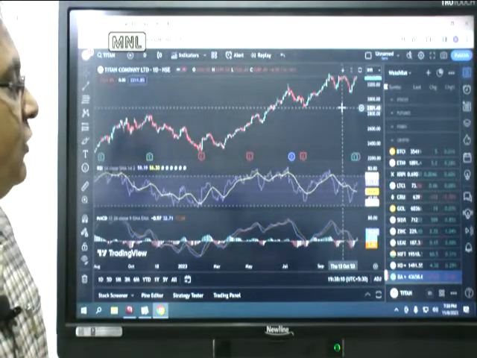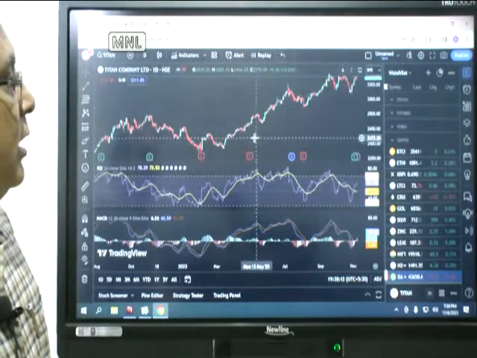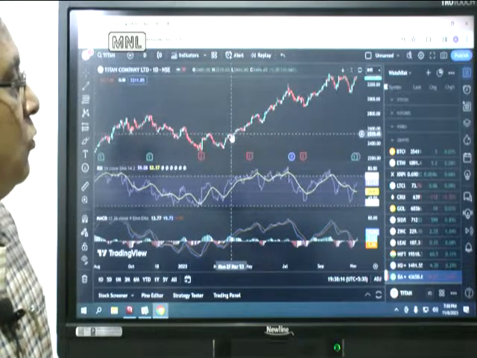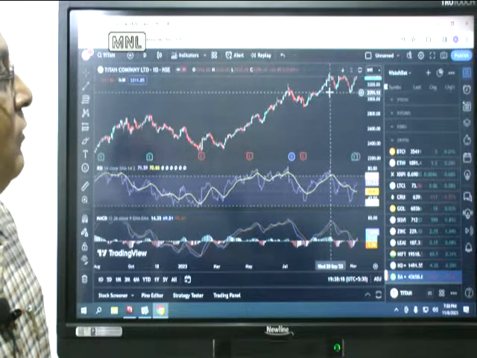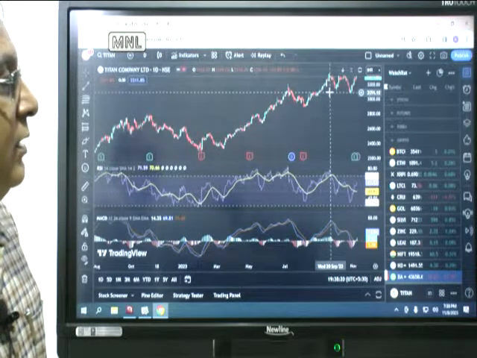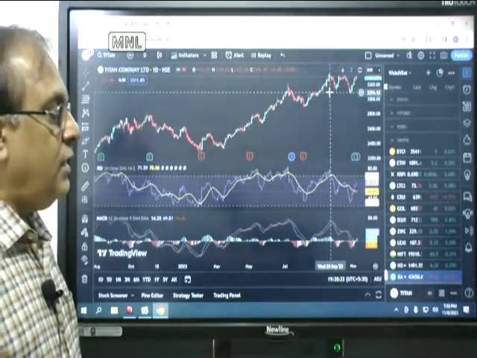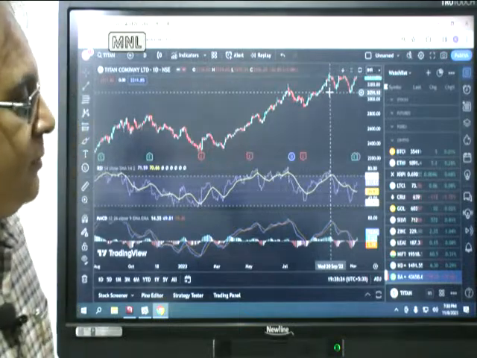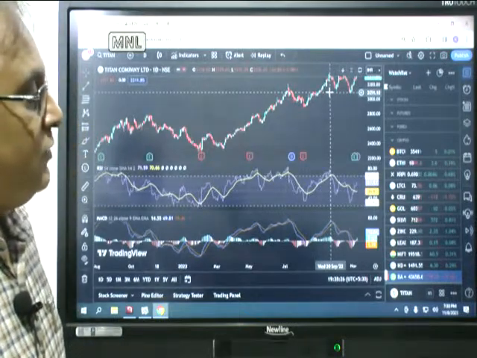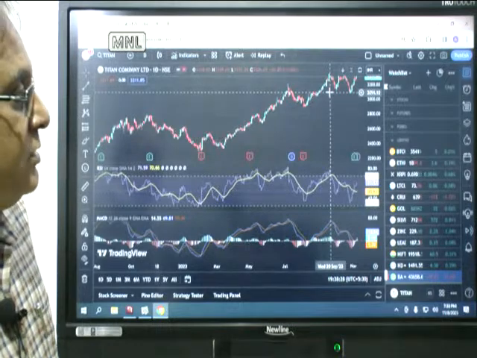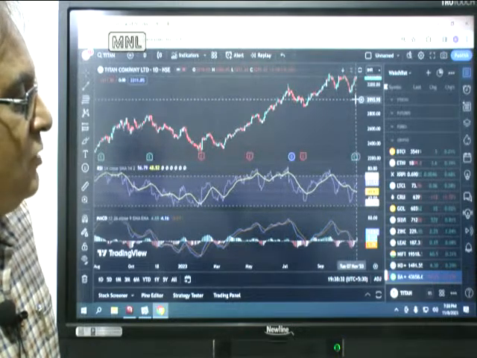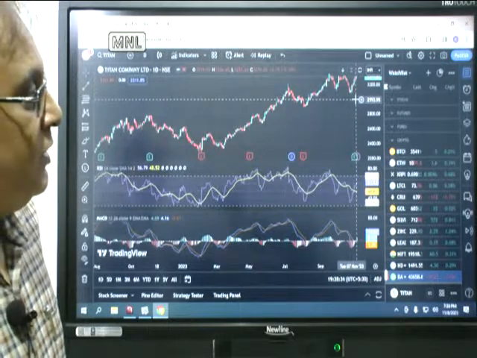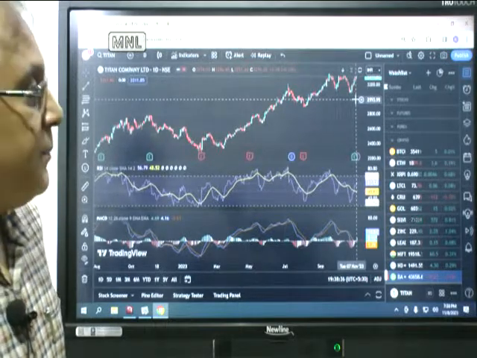This was 1, 2 here, and this is a very important level, 3349. Closer to 3350, we need to be quite careful to see whether any divergences come in the MACD chart, because the stock has moved up significantly, but MACD is still not exhibiting the same strength as the price.